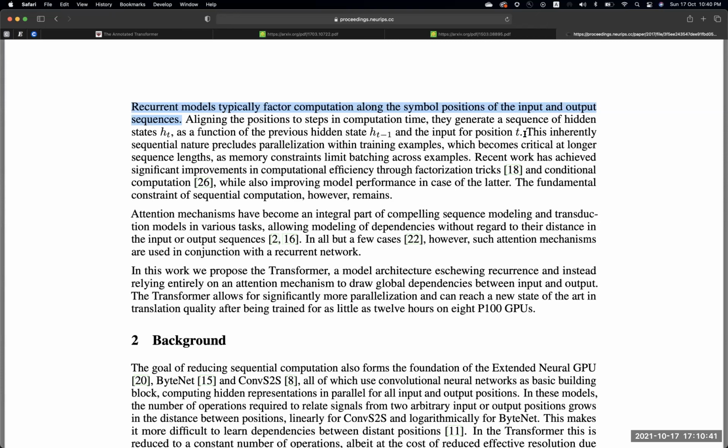This problem was solved in a way. If you remember the convolution architecture that we discussed before, convolution you can do in parallel. They were super fast. We'll compare them with transformers as well, how convolution does things in parallel, but where they lack.